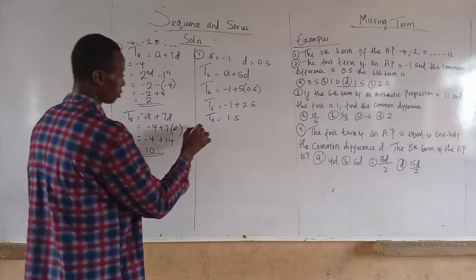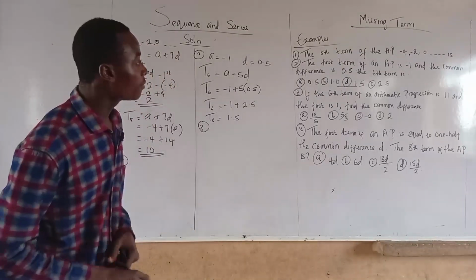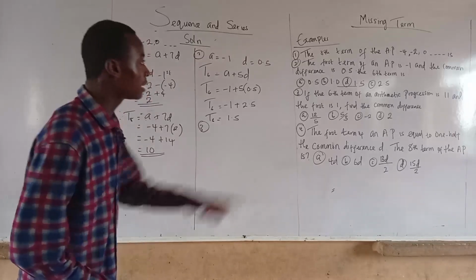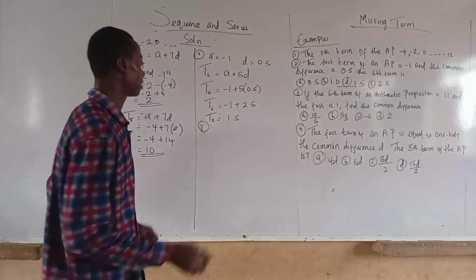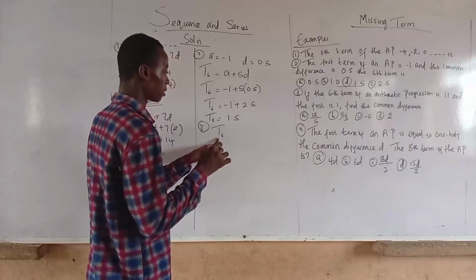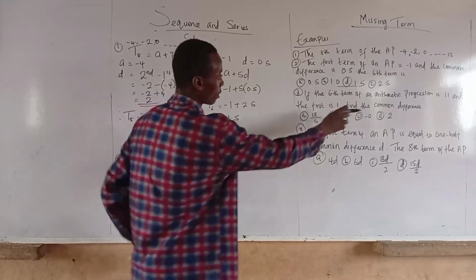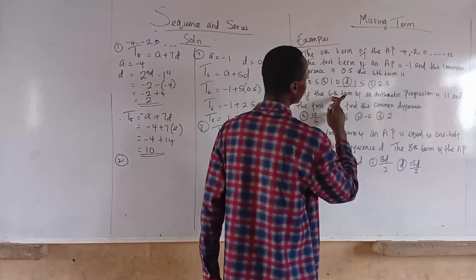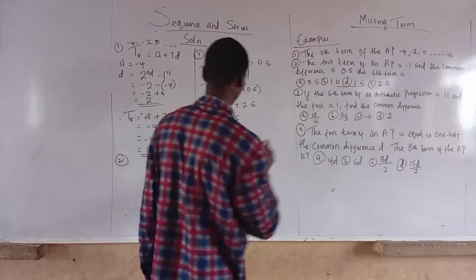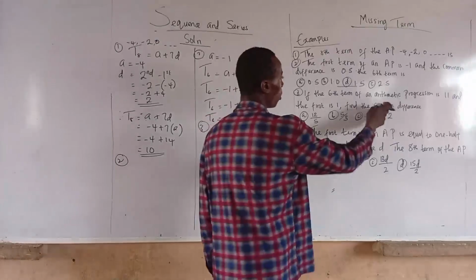So, example 3. If the sixth term of an arithmetic progression is 11 and the first term is 1, find the common difference.